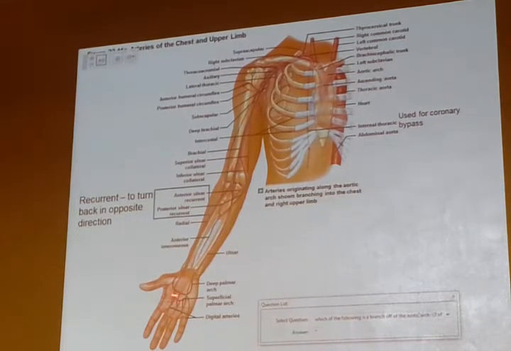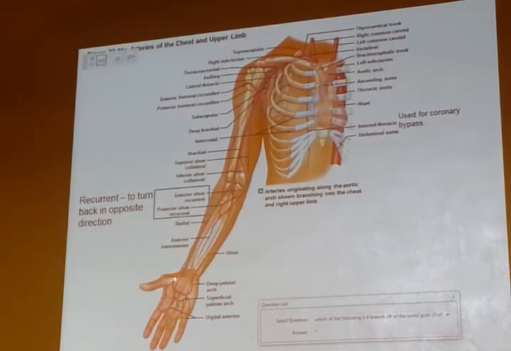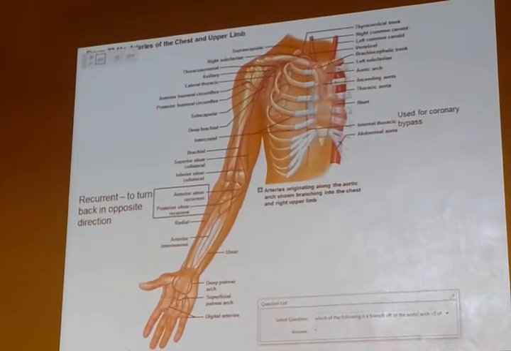When you come down into the palmar region, you're going to have anastomoses between the ulnar and the radial arteries. You're going to have deep palmar anastomoses, called arches just for the shape, and then superficial palmar arches.